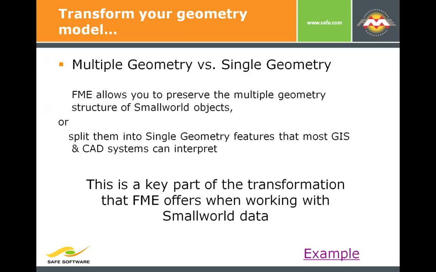So knowing your geometry model is critical, and the Smallworld environment does pose problems for people who need to get their data to other platforms, and that's because of Smallworld's rich geometry model. In Smallworld, you can have multiple geometries on each Smallworld object, and most GIS platforms and CAD platforms don't support that kind of geometry model.